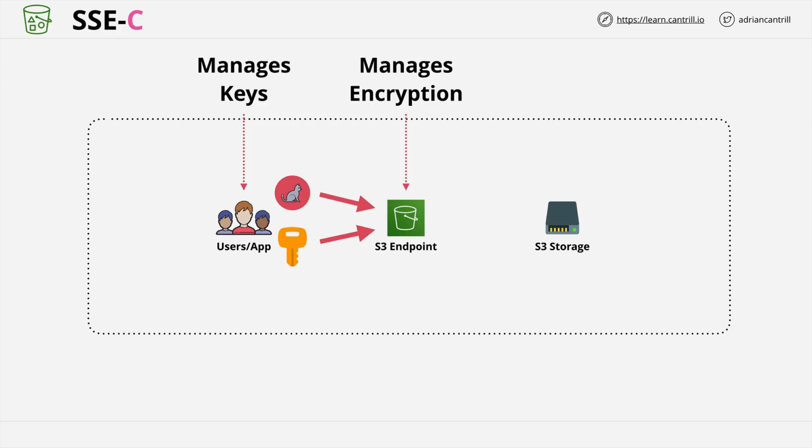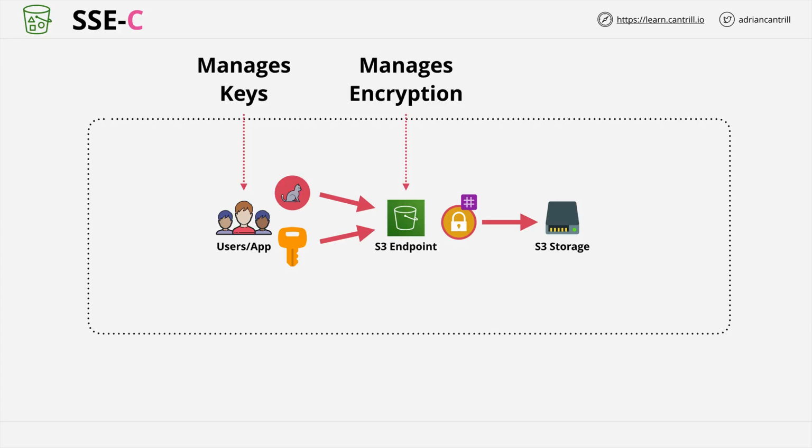So the object is encrypted with the key that you supply, a hash is taken of the key, and then the key is discarded. So the object and this one-way hash are stored persistently on storage. So remember, S3 don't have the original key used to encrypt this object at this stage. It's discarded as soon as the encryption process has completed.